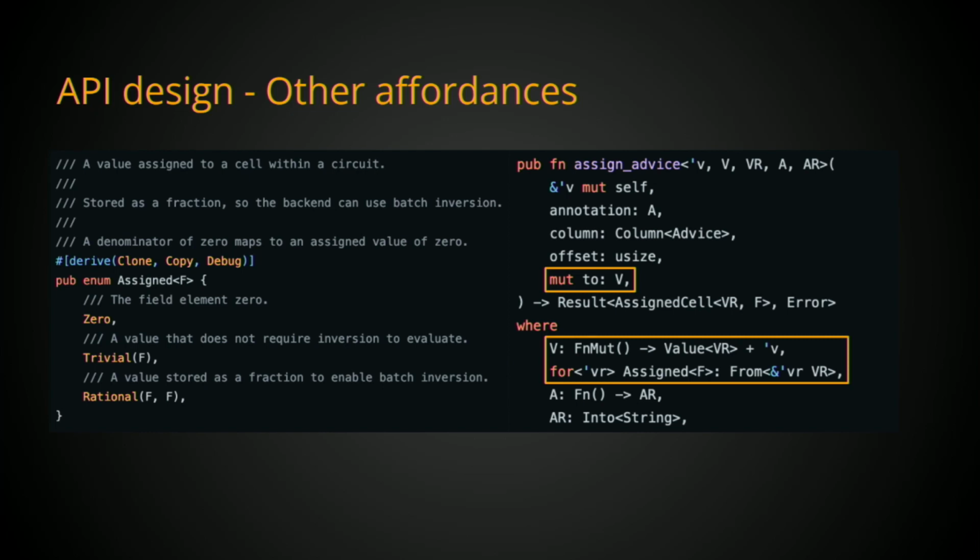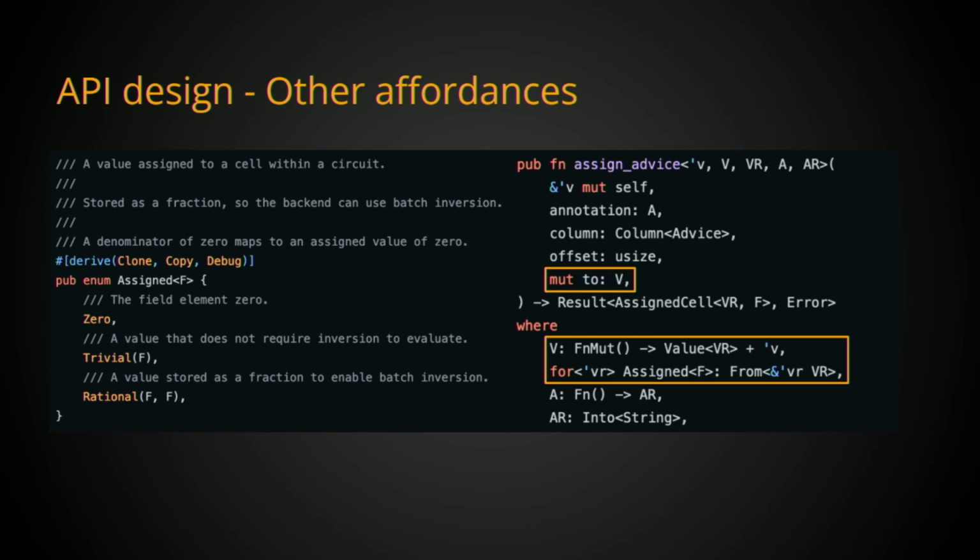If you need to represent a division in your circuit, you represent that as inverting and then multiplying the results together. Now, inversions in fields like the integers modulo a large prime that we use in our circuits can be quite expensive, and it would be nice if you could batch those. There are ways to batch the cost of an inversion, so you pay some extra multiplications, but you only pay a single inversion per batch.